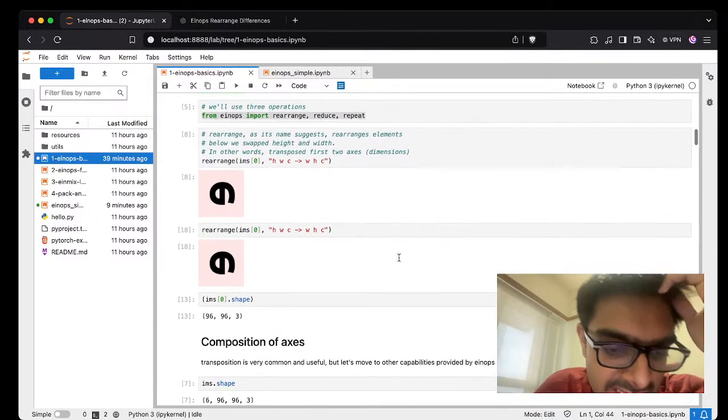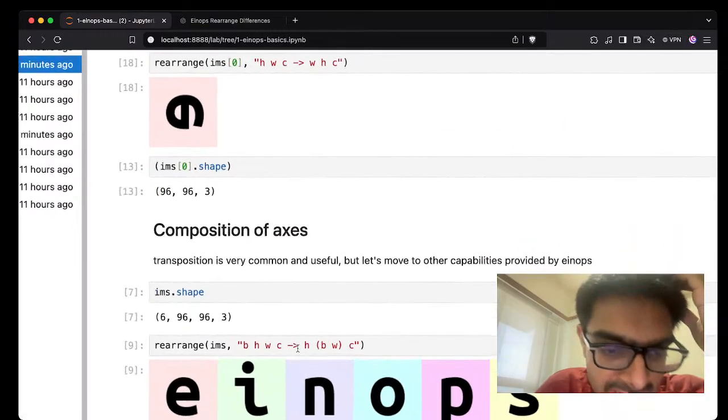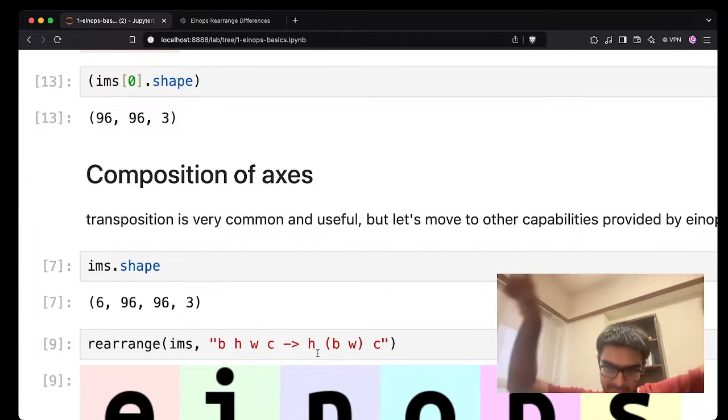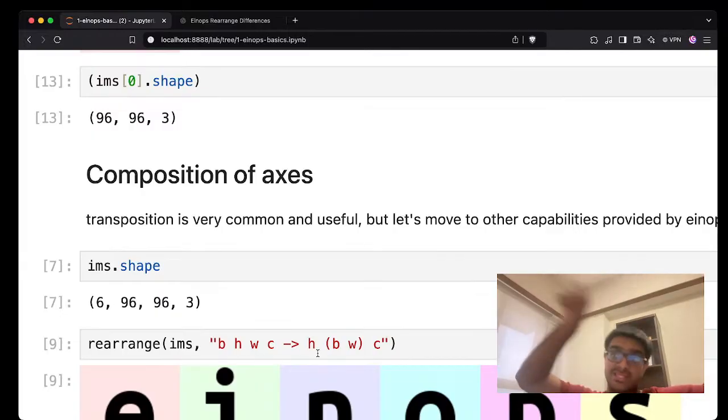Composition of axes, right? What this is saying is we have BHWC and we have to HBWC. So the height axis, we consider this as 6 times 96 times 96, this big matrix of 96, and 3 values inside each, right?